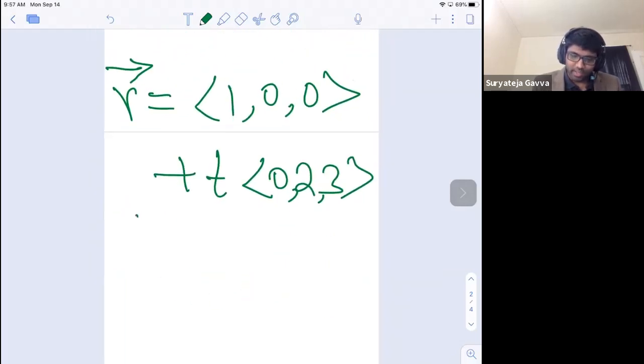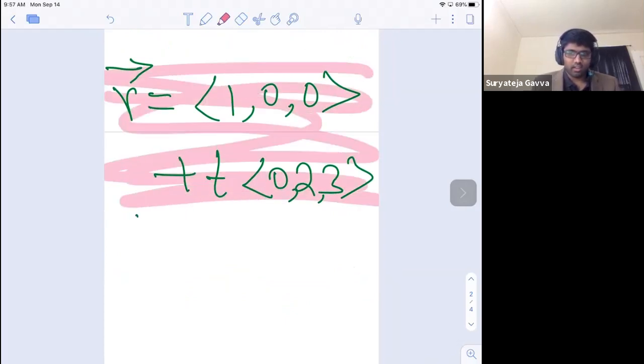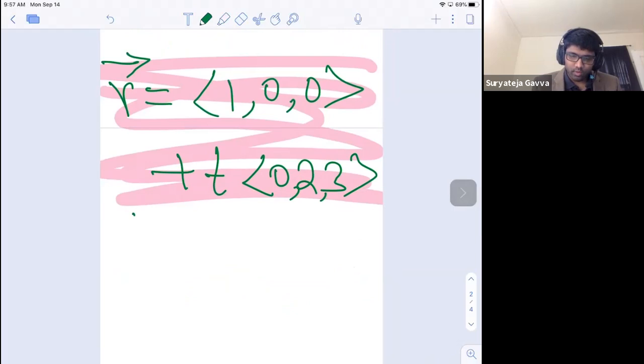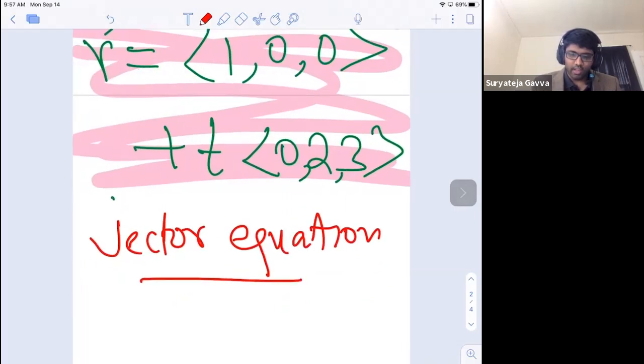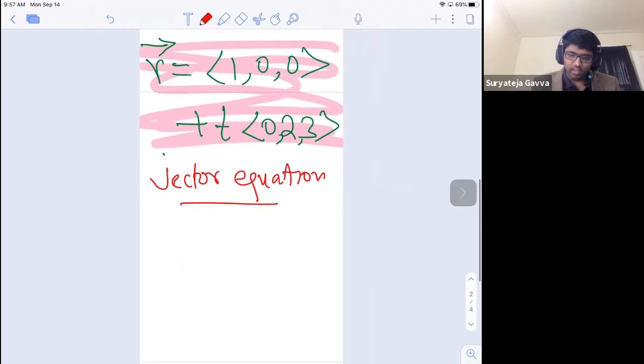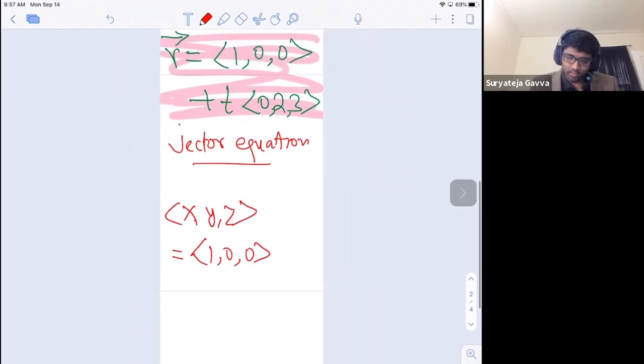So this is the parametric equation. So this is the vector equation of our line. And if I want to write it in coordinates, this is (x, y, z) equals (1, 0, 0) plus t times (0, 2, 3).